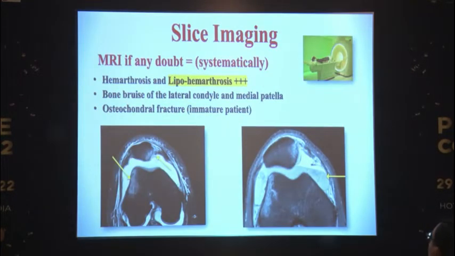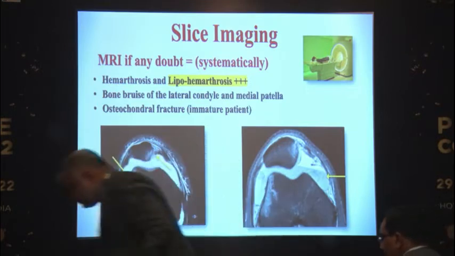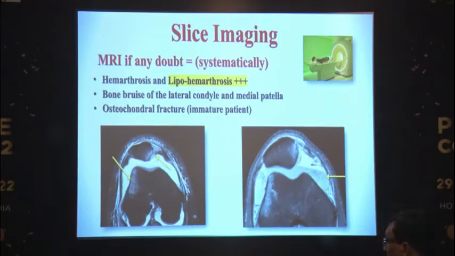So after having some X-rays, you can look at the slice imaging. And the slice imaging definitely is mostly MRI, actually. And when you do this MRI, it is really typical when you have this lipohemarthrosis, as you see.